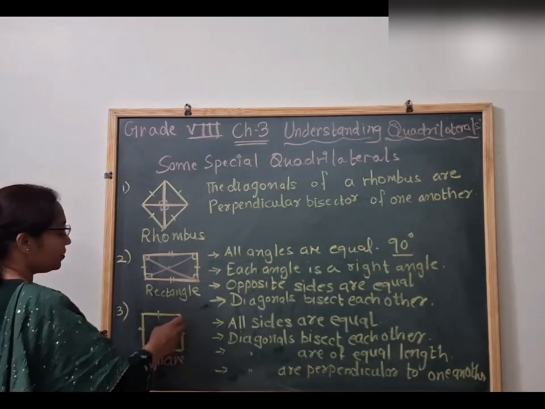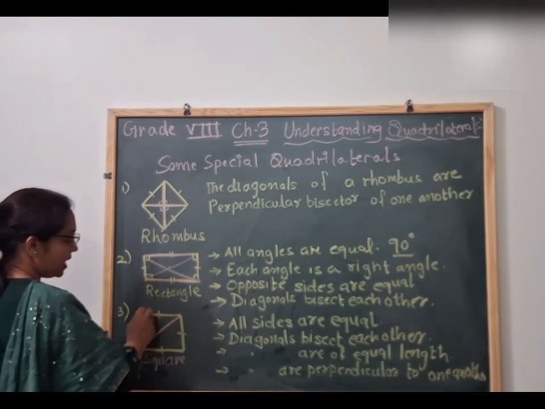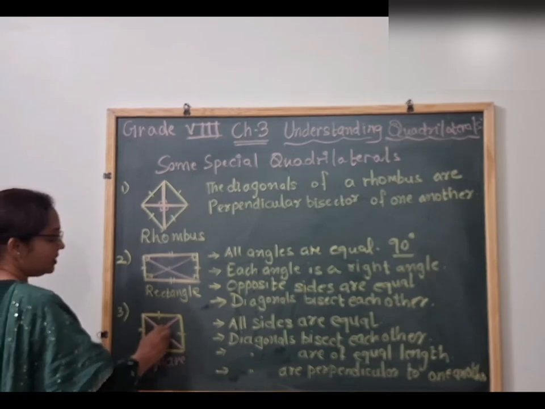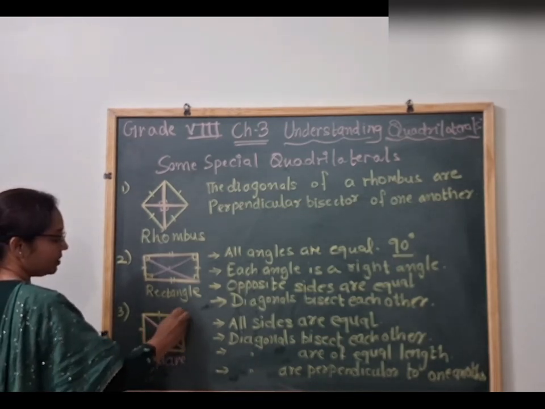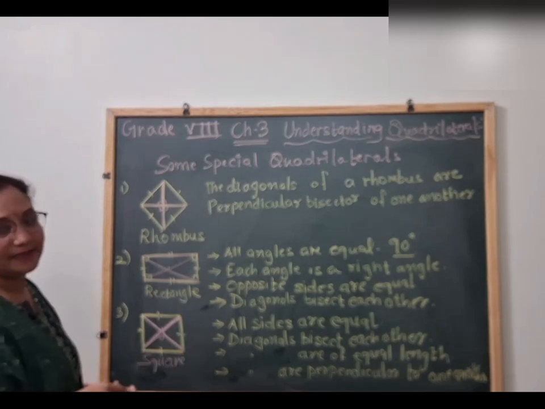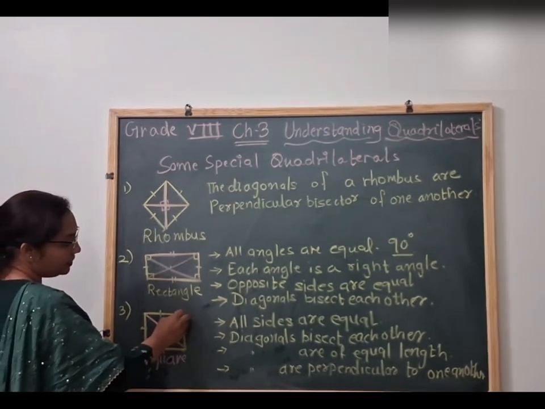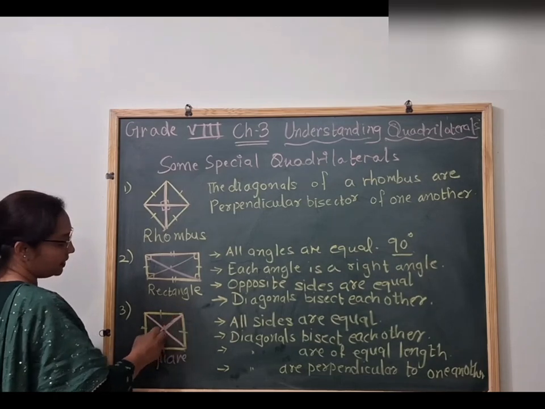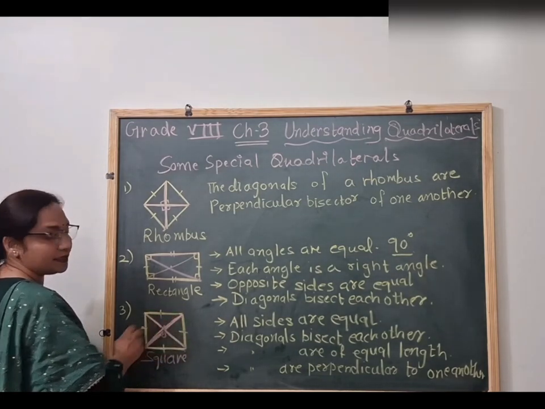Let us understand now. Diagonals bisect each other means that whenever it is said that diagonals bisect each other, then this part and this part are equal, and this part and this part are equal.